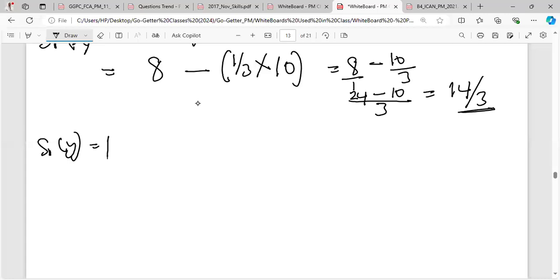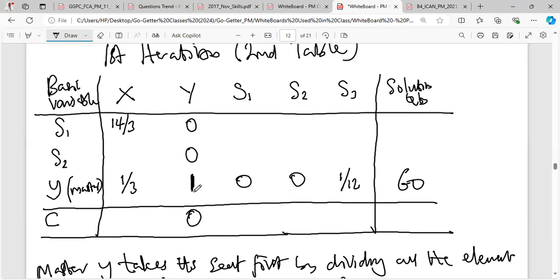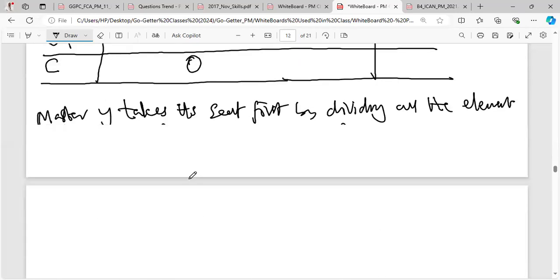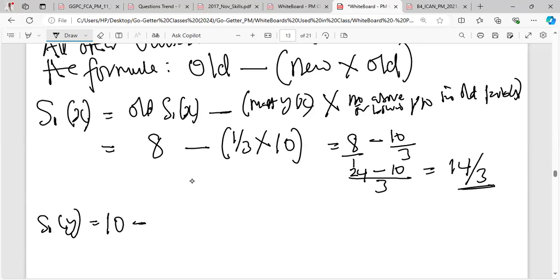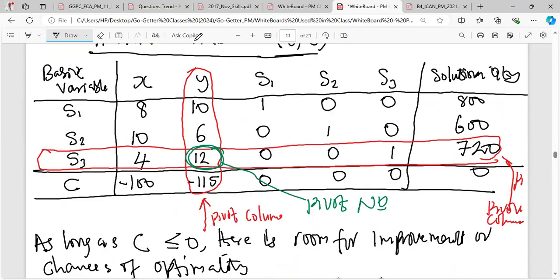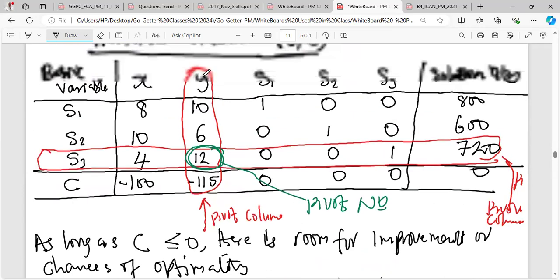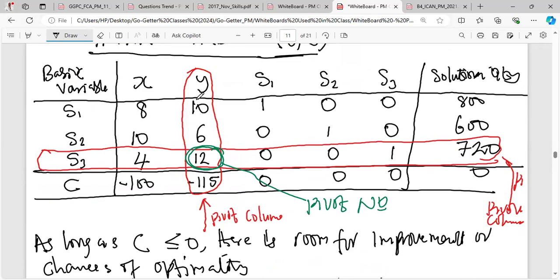S1Y is 10 minus the new in the master row, which is 1 here. So you just say 1 times, of course, the number above the pivot in S1Y, which is 10.